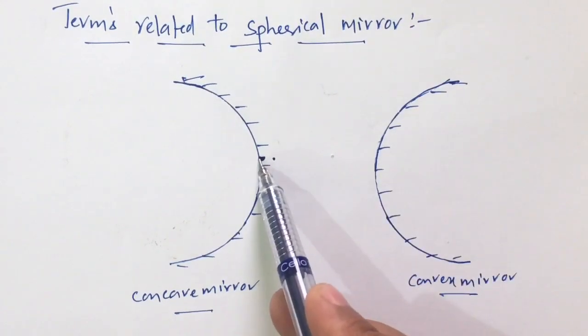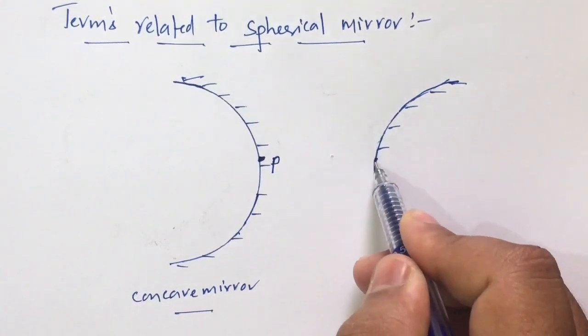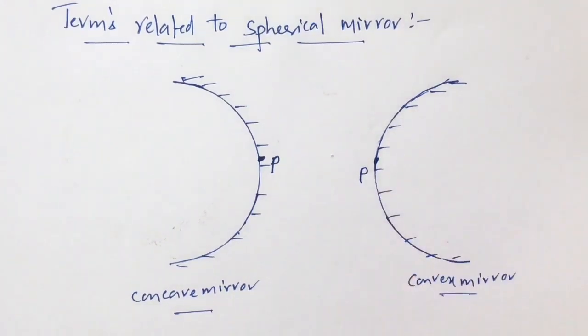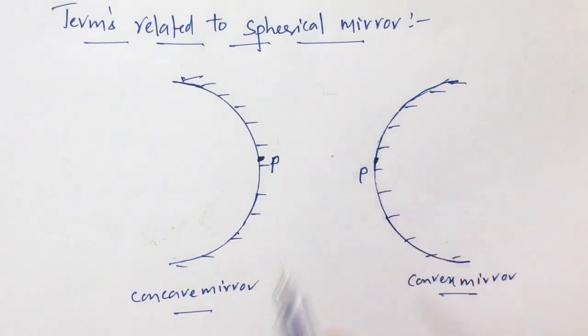On the surface of the mirror, at the center of this surface, we call it the pole. This is the pole for both mirrors. So what is pole, children? The center of the reflecting surface of a spherical mirror is called pole, and it is represented by P.